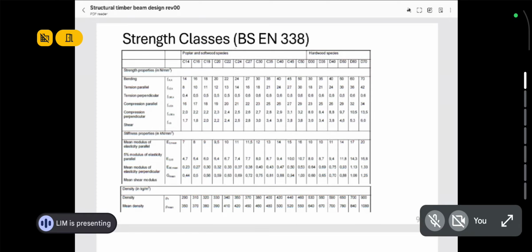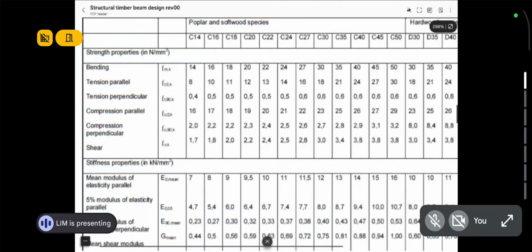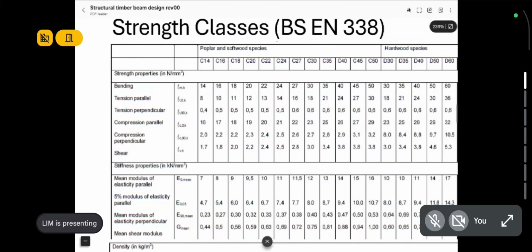So for example, let's focus on softwood C14. You can see the 14 in the C actually refers to the bending strength, fm,k.